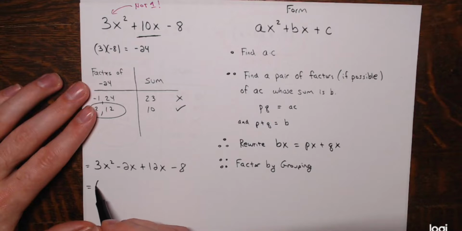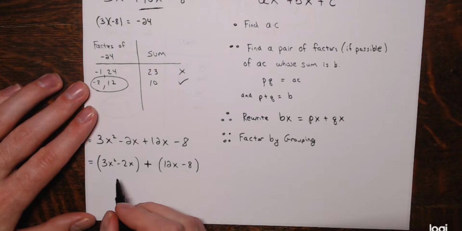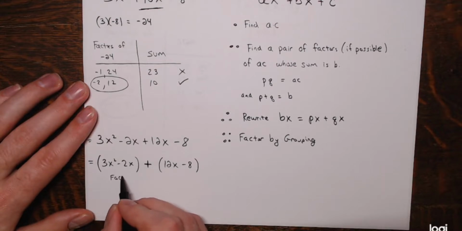You break it into 2 groups. So I put in parentheses the first 2 terms, 3x squared minus 2x, and I like to put a big plus sign. Then in another set of parentheses, the second 2 terms, which is positive 12x and negative 8. And then you factor each group separately.